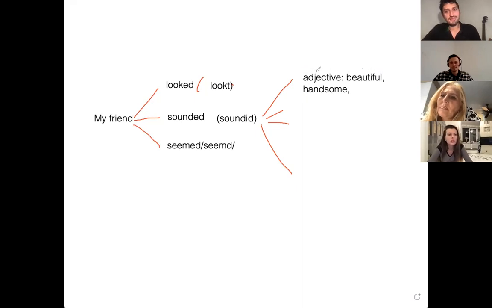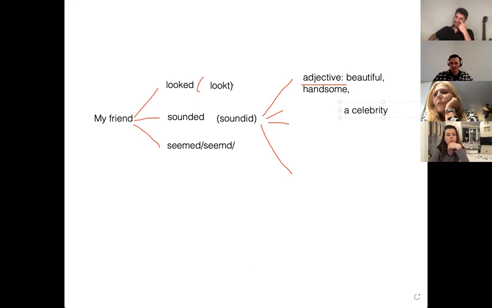You want to say, for example, a person or a thing. For example, a celebrity. My friend looked like a celebrity. Like a celebrity.